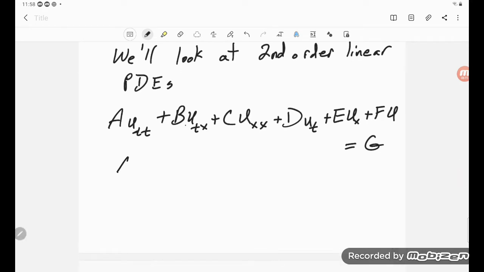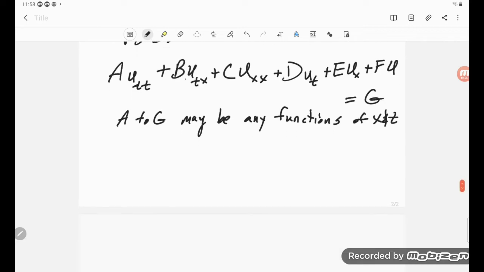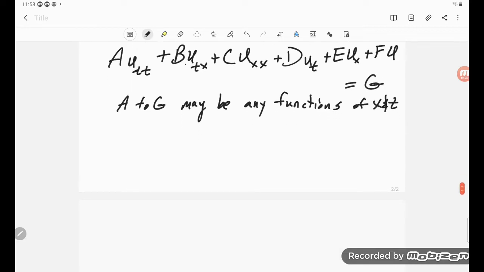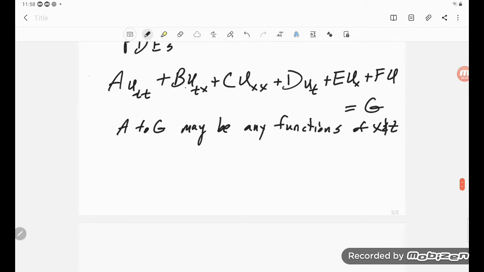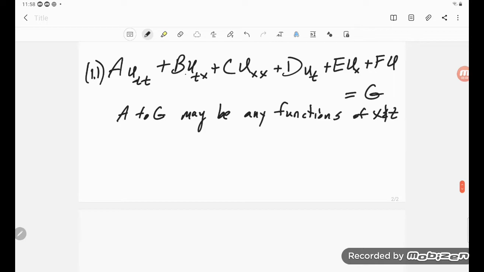And so, yeah, A to G may be any functions of x and t. Okay. So we're going to tend to look at these, and I'm going to name that equation 1.1. That's what they name it in the textbook.